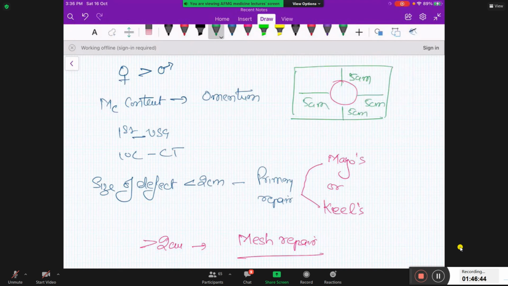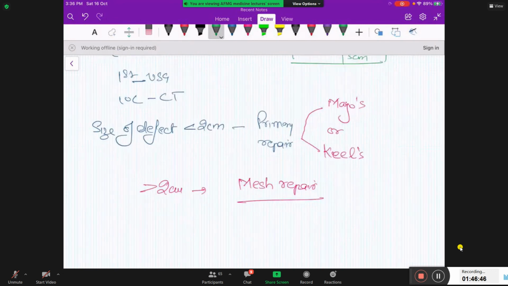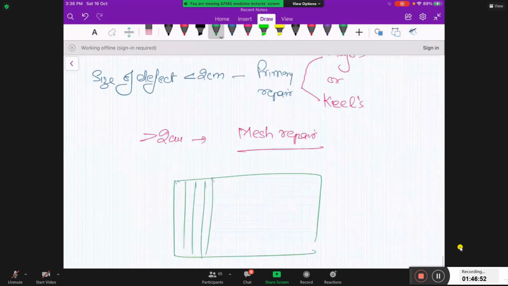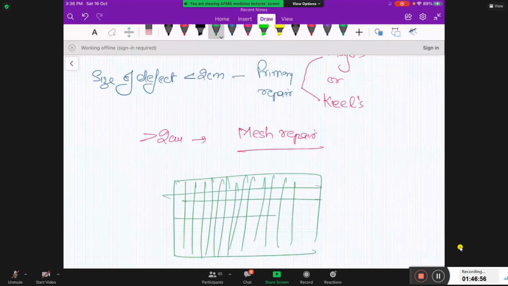And this mesh, have you seen mesh? Mesh is like a net, jali, like this. What material should it be made up of?